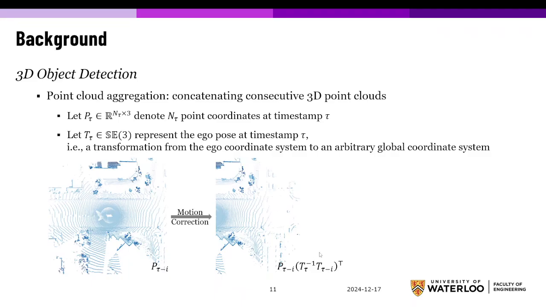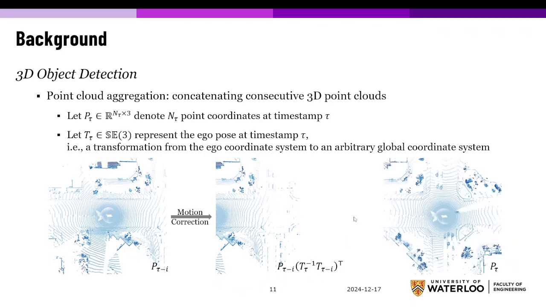So that's why we're multiplying t sub tau minus I with t sub tau inverse. And then if you compare to the current p sub tau, where the ego vehicle is inside the four-way intersection, you can see that the background features, which should be stationary, are now aligned.